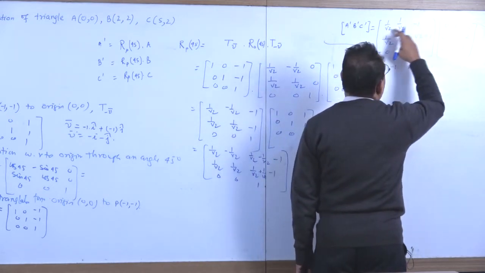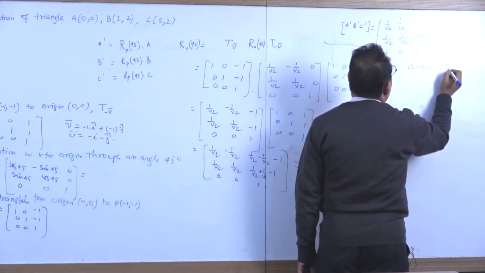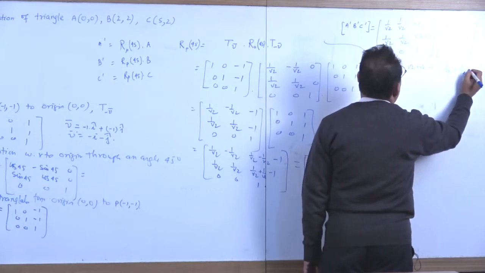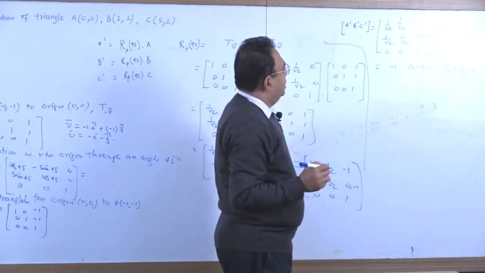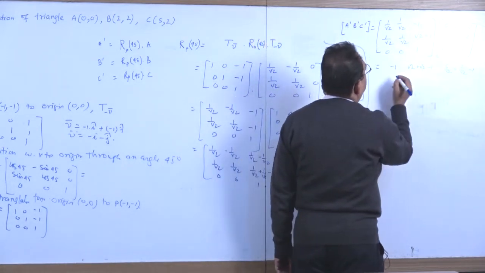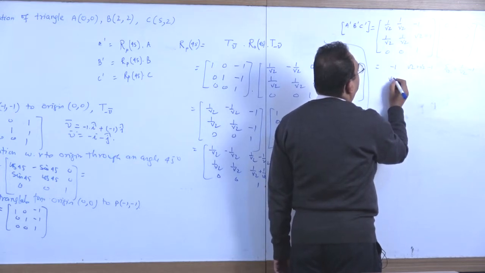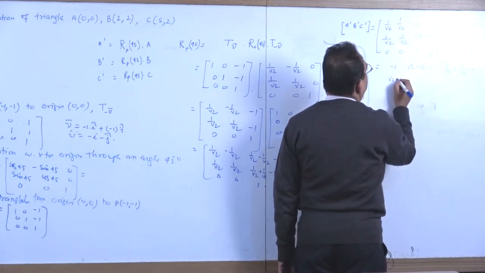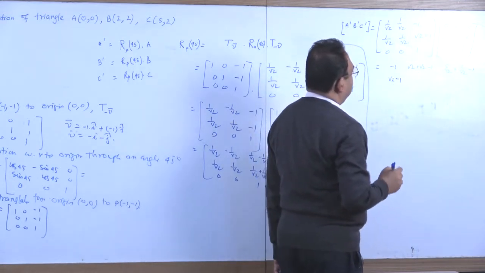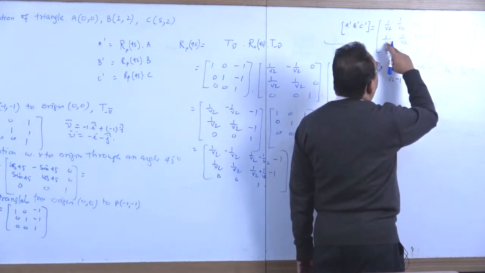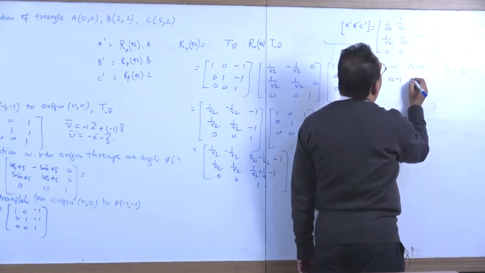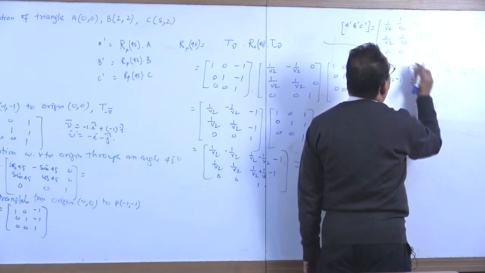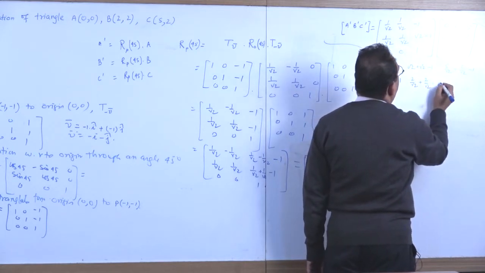And for the third one, this into this, that is 5 by root 2, plus 2 by root 2, minus 1. And for the second row, this into this, that is root 2, this into 0, this into 0, plus this into this, that is root 2 minus 1, and this into this, that is 2 by root 2 plus 2 by root 2, plus root 2 minus 1.